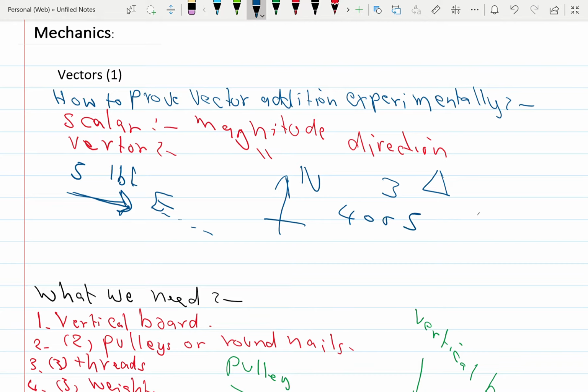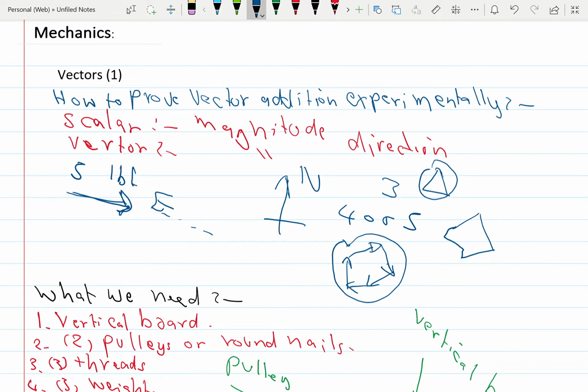The forces should follow each other, head to tail. They follow each other, and when they close like this, we say they are in equilibrium. So when we're solving, we will find the resultant.